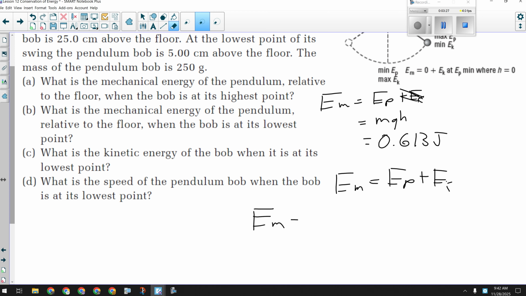So mechanical energy minus potential energy equals the kinetic energy at the lowest point. That's going to be 0.613 joules minus 0.25 kilograms times 9.81 times 0.05 meters.